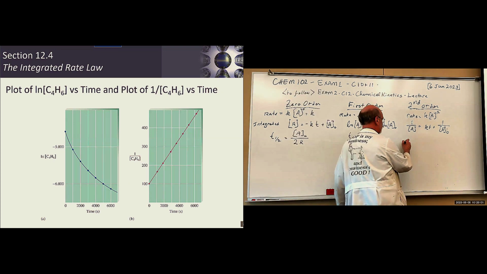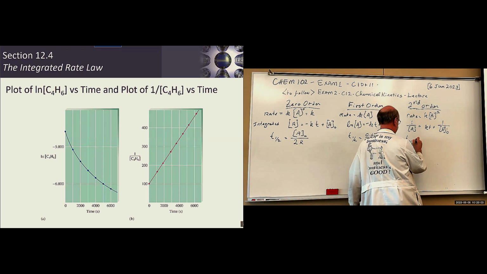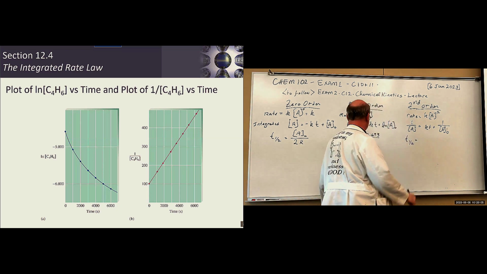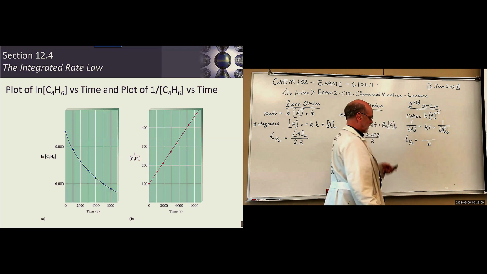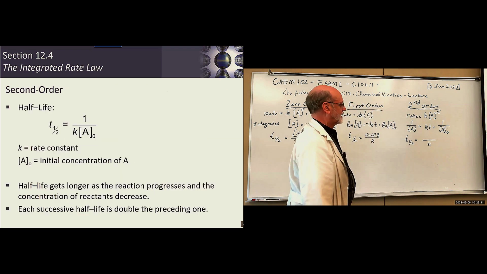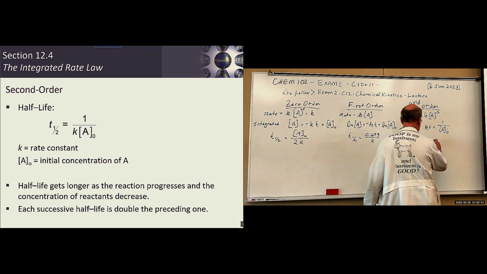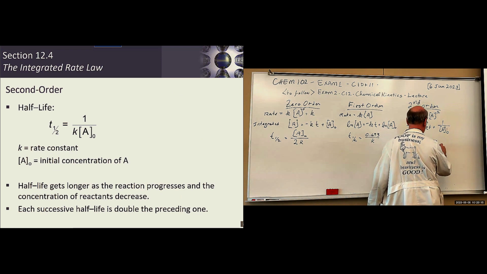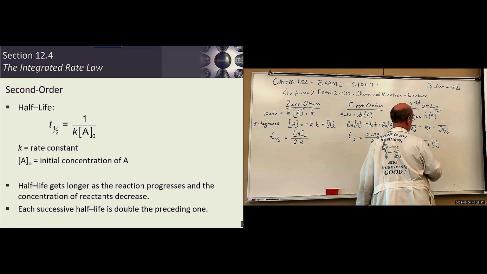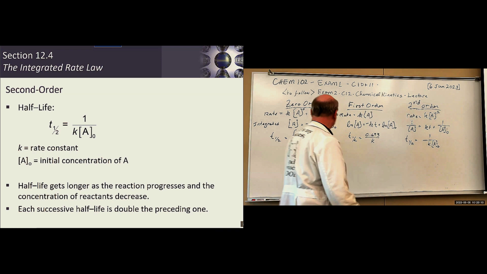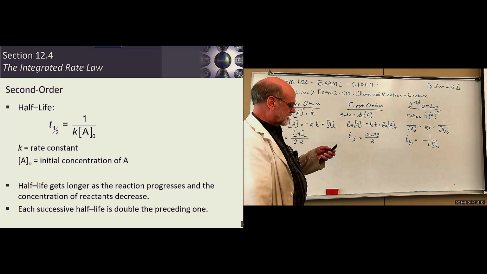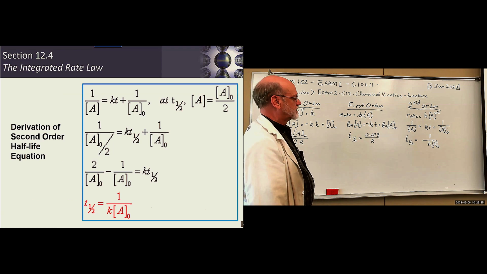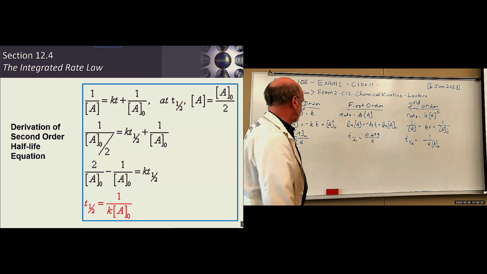Oh, we need a half-life. Okay. So what's the half-life of this one? Well, I know k is going to be in the denominator. I remember that much. But we also got the initial concentration. And I think the second one, this slide, is the derivation.